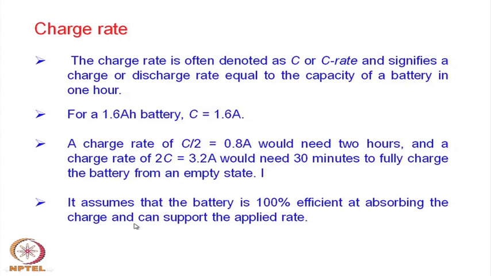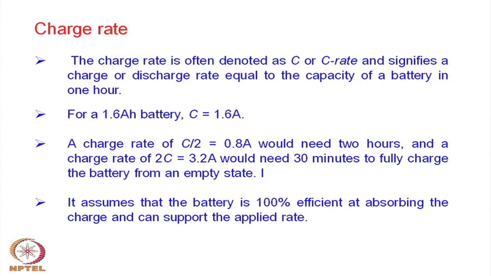discussion on that, what we mean by this is what we call the charge rate or discharge rate. The charge rate is denoted as C or C rate, and signifies a charge or discharge rate equal to the capacity of a battery in 1 hour. For example, as you are possibly aware, the capacity of a battery is normally given in ampere hours, that is the total amount of charge it can accommodate.